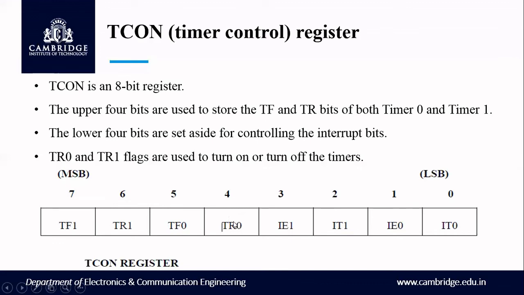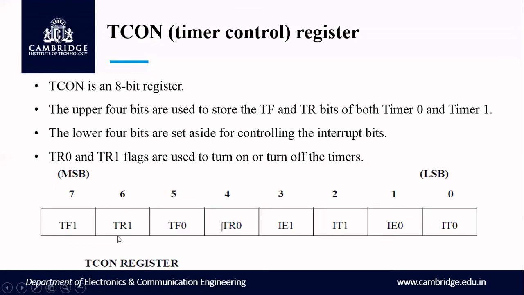When it starts, it will go from the initial value up to the maximum. When timer 0 reaches the maximum value, the TF0 bit will be set by the microcontroller when overflow occurs, indicating a rollover of your count. So TF0 is the timer flag, or overflow flag. TR0 is the timer 0 start or stop bit. If you set this, the timer starts. If you clear it, timer 0 stops.